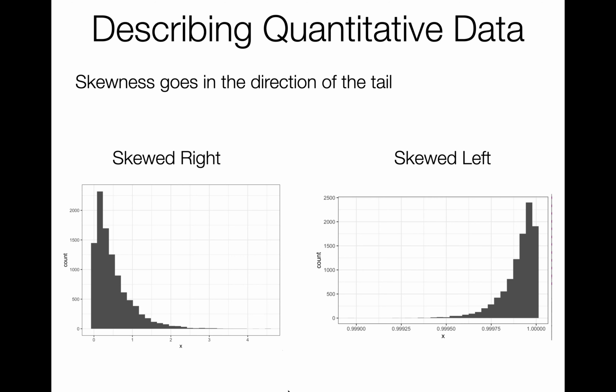But skewness refers to where the data points are that don't match the rest of the data points. This has to do with things called outliers that we will talk about in just a minute. So just remember that skewness goes in the direction of the tail of the distribution, and the tail of the distribution are things that are far away from the center.